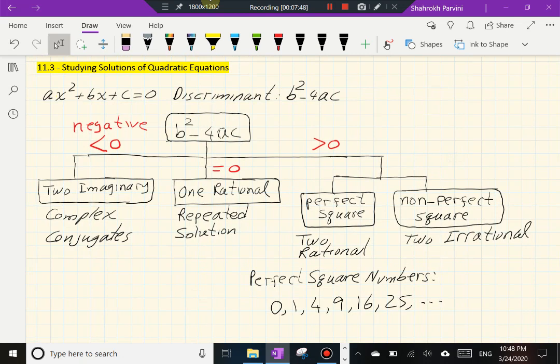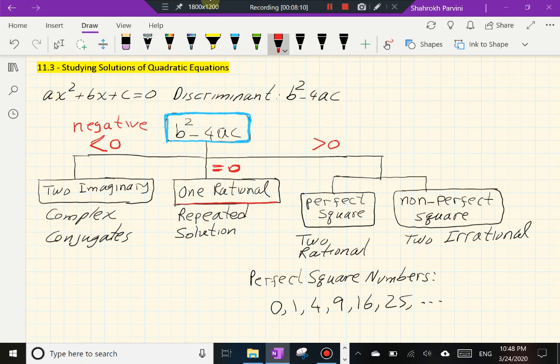So again, to recap, depending on the discriminant, b squared minus 4ac, that's all we're doing here. We're not solving the equation. So here's b squared minus 4ac, depending on what this is. If this number is 0, let me grab my red marker, if it's equal to 0, then this is what's going to happen.